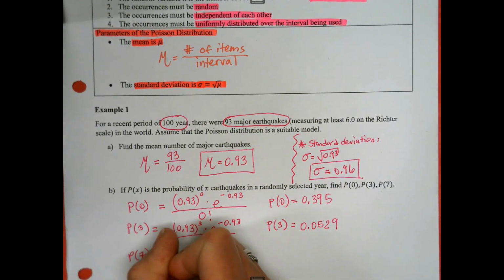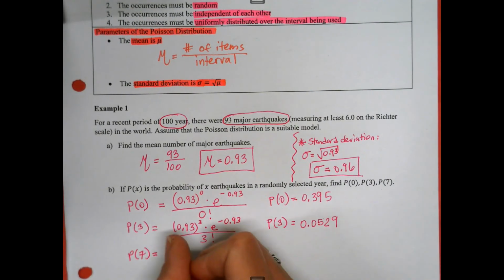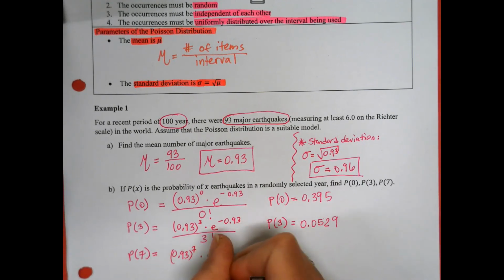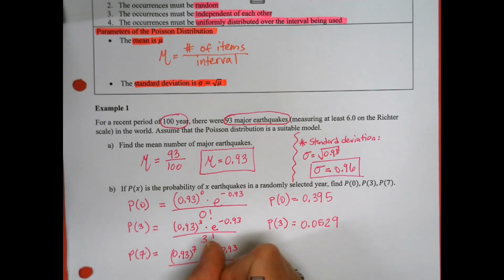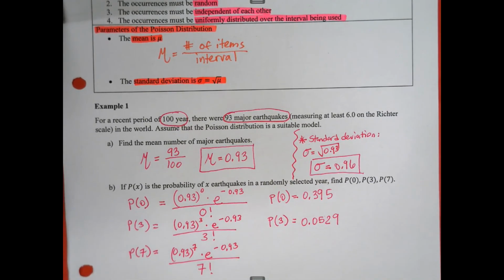The probability of 7 earthquakes is going to be 0.93 to the 7th power times e to the power of negative 0.93 divided by 7 factorial.